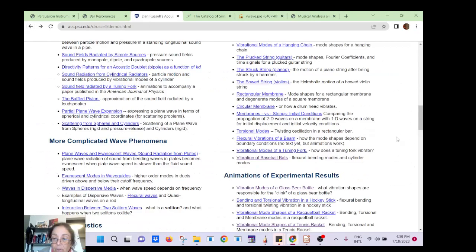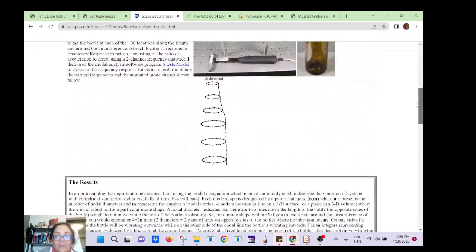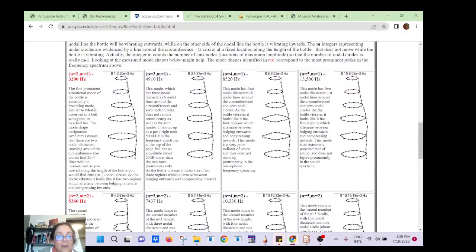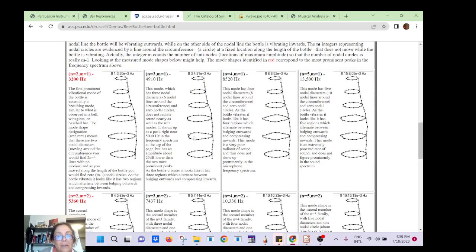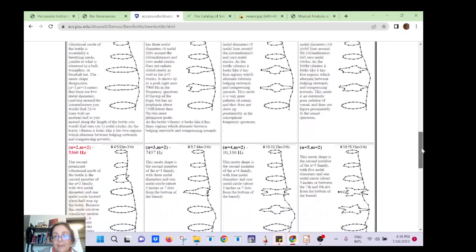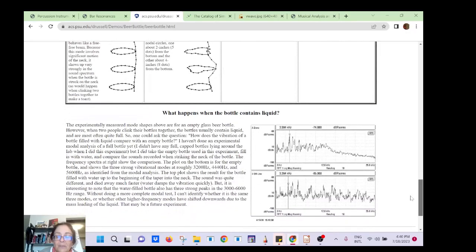You also have very interesting stuff like the vibration, and you have to do experiments to find those modes, right? So the vibration of a beer bottle. Okay, so you see all the modes. I thought that was really cool, and you can do all kinds of analysis. You can visualize all the natural frequencies that the bottle likes to vibrate with.